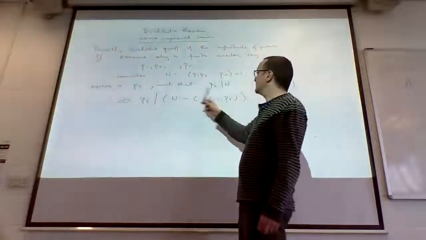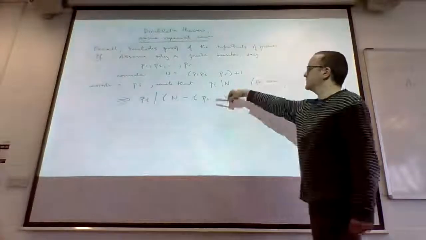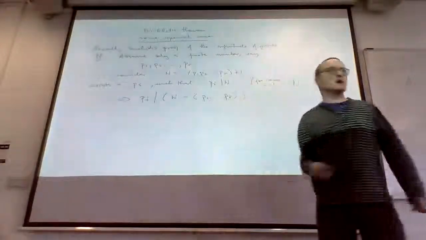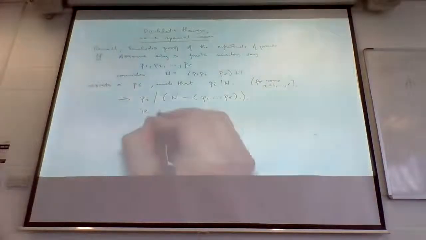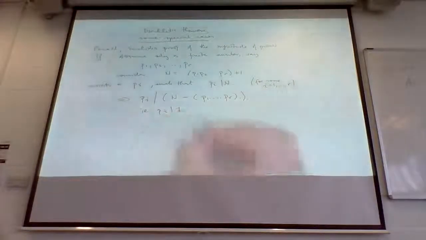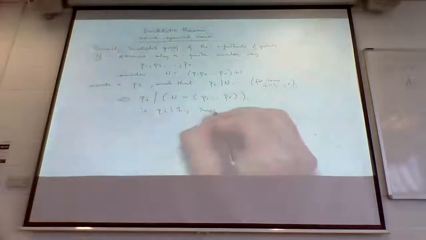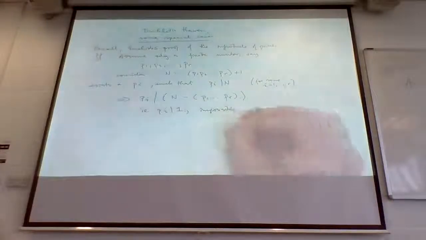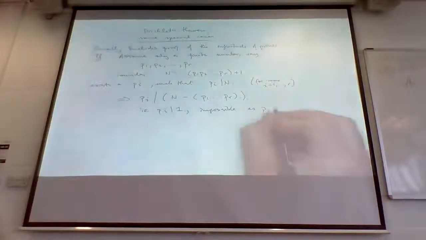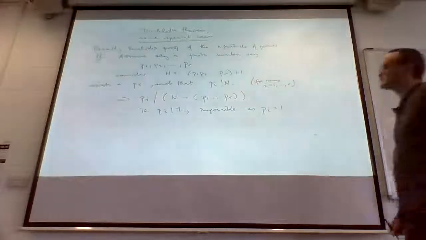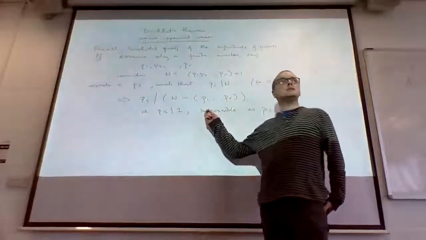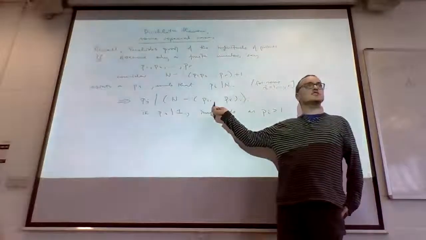So pi is going to divide this linear combination of those two, but of course this linear combination is equal to 1. Which is impossible, as pi is a prime number, so it's strictly bigger than 1. Okay. So it's this impossible bit, the contradiction.